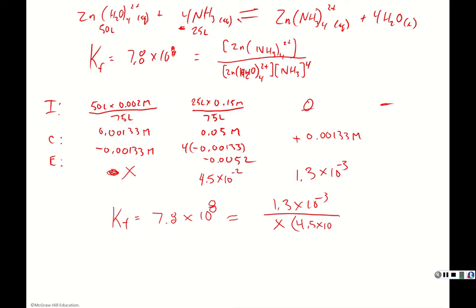When we solve for x, and x equals our starting concentration of zinc tetra water, it'll be something like 4.1 times 10 to the minus 7 molar. So we've used up quite a bit of that. We've gone from 1.3 times 10 to the minus 3 to 4.1 times 10 to the minus 7.